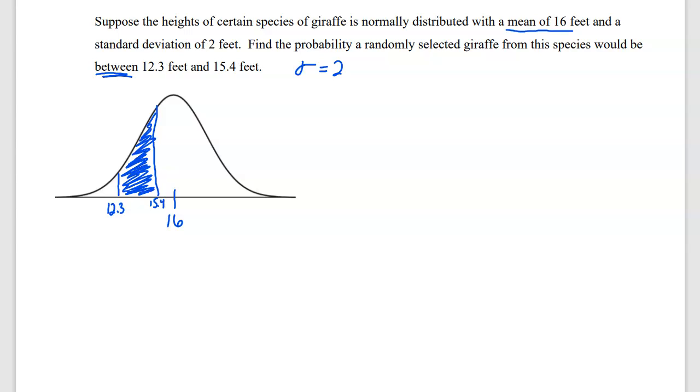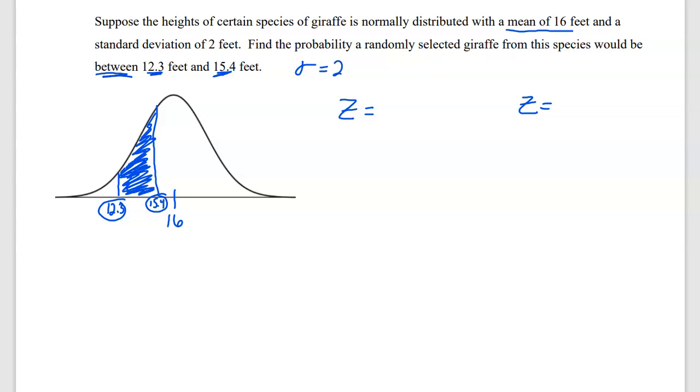Okay. So we have two separate values here, which means if I have two separate values that I have drawn lines at, not my mean here, but two other values, that means I have to find two separate z-scores.